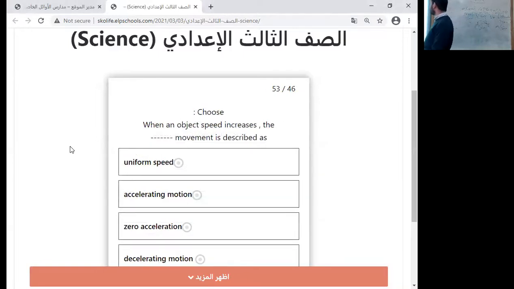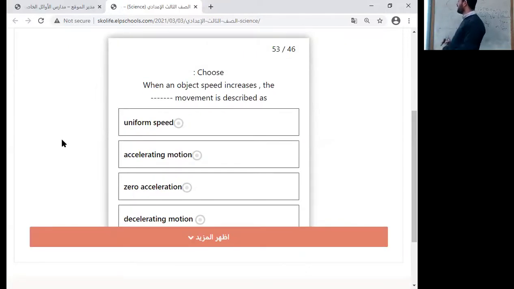When an object's speed increases, the motion is described as, okay, the speed increases, it means that it doesn't move with uniform speed. So the answer is accelerating motion.